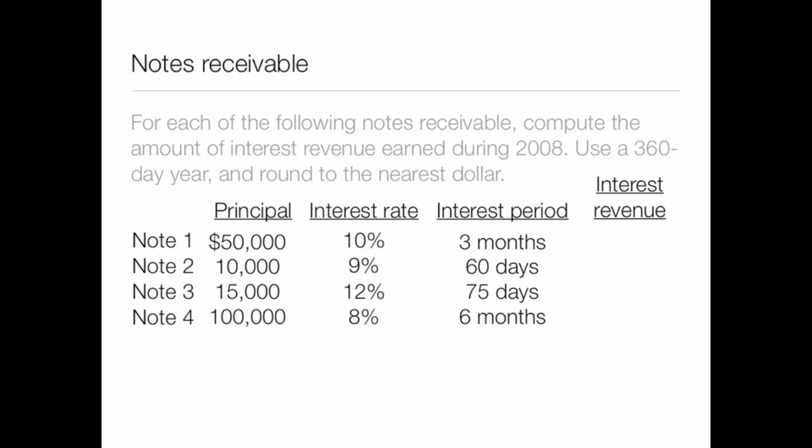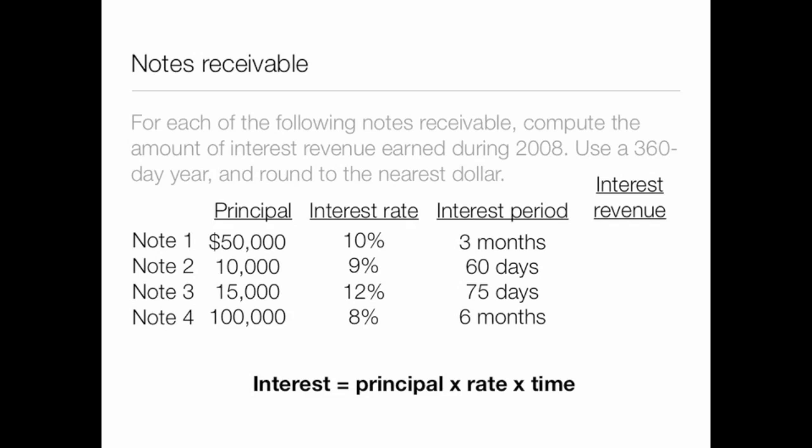There's a formula. Interest is equal to the principal times the rate times the time. And one thing I want you to be aware of, the interest rate, here we have 10%, 9%, 12%, and 8% for these four notes. Interest rates are always given, unless otherwise specified, in terms of a year.